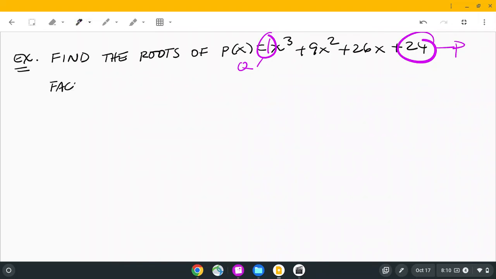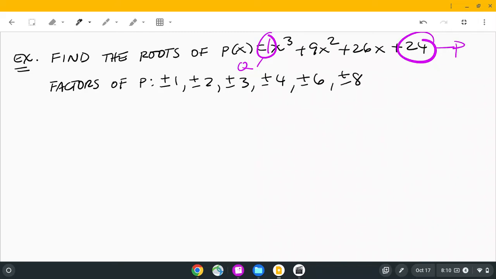Factors of p, we got a lot of them: plus minus 1, 2, 3, 4, 6, 8, 12, and 24. A whole lot of them. Thank goodness for factors of q, we only have plus minus 1.